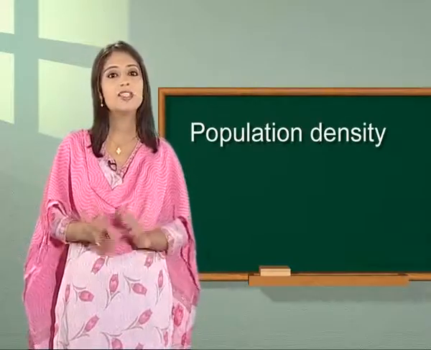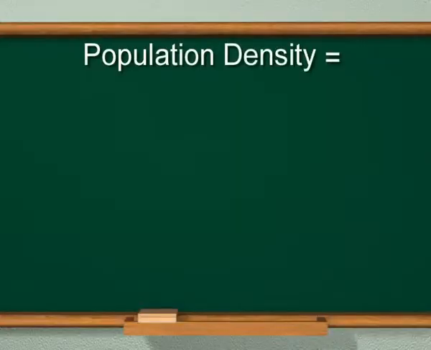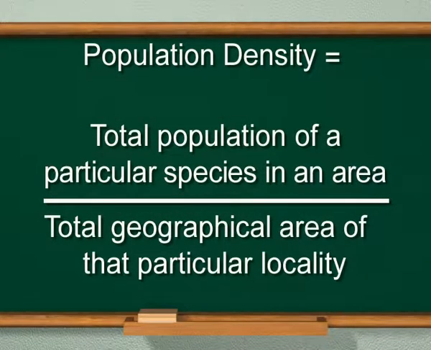Anyhow, let me tell you the formula to measure population density. Population density is equal to the total population of a particular species in an area divided by the total geographical area of that particular locality. Let us see what are the ways to know the total population of a species.